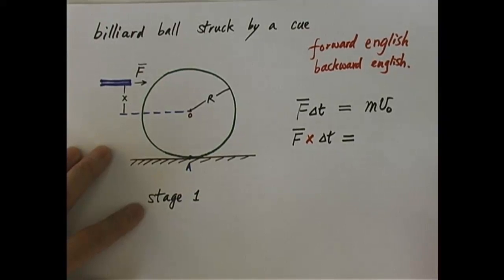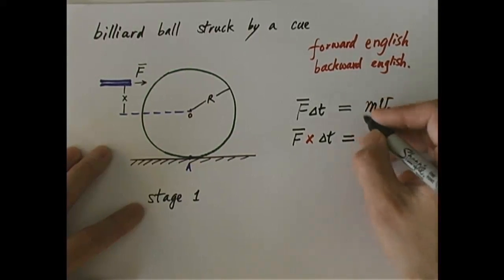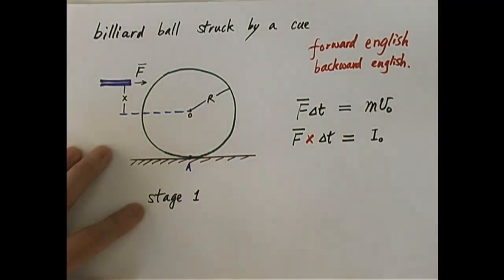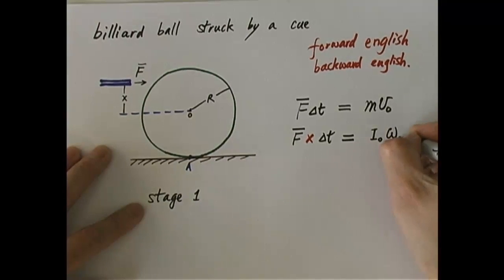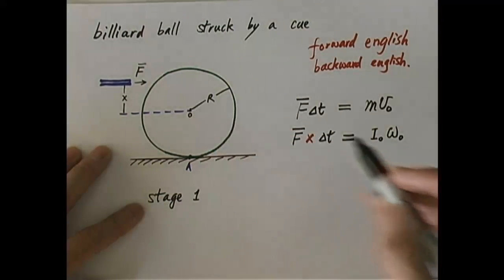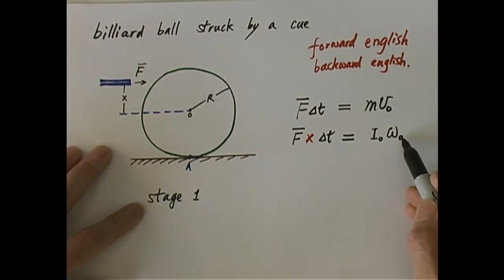Then, of course, measured from the center of mass, the angular momentum is I_CM, or I_O. O is the point right here, that's the center of mass, times omega O. Okay, I use these 0, 0, 0, O, O to denote these are the quantities right after the collision. V_O is the linear speed of point O right after collision, and omega O is the angular speed about the point O right after the collision.